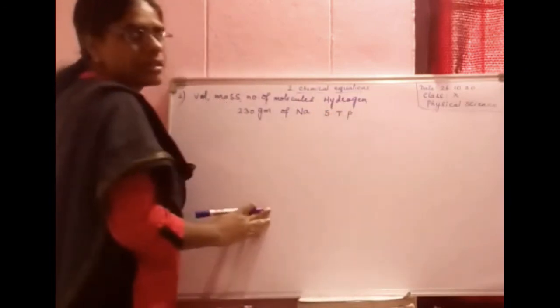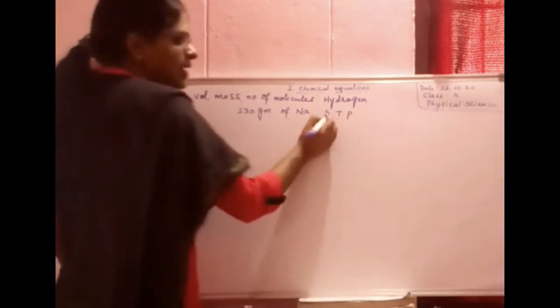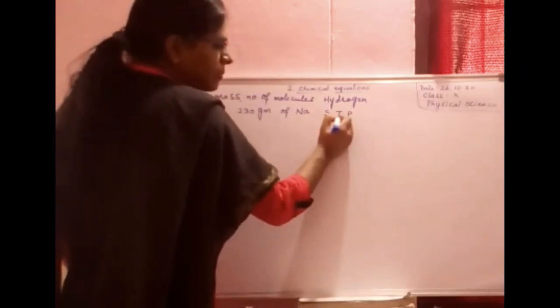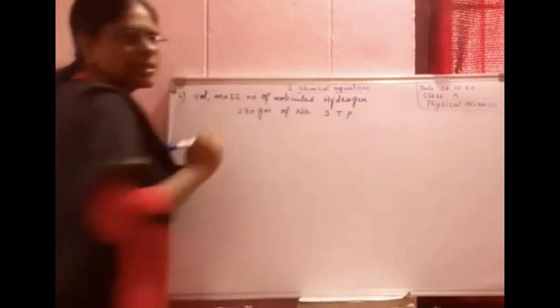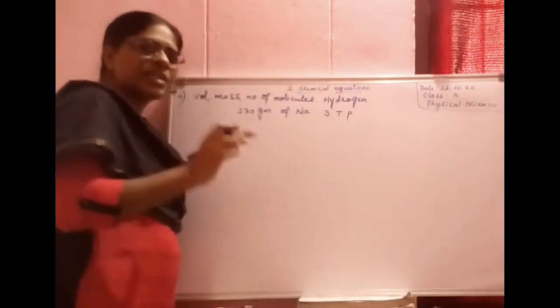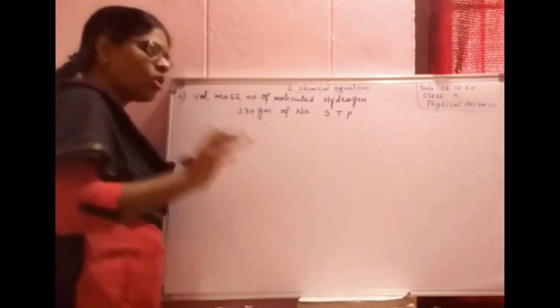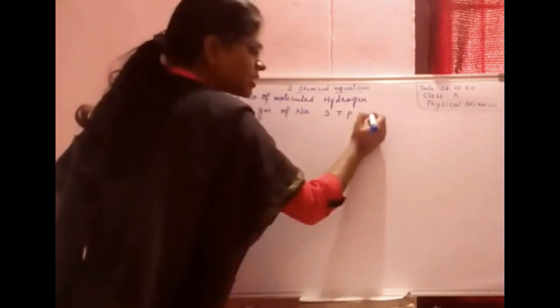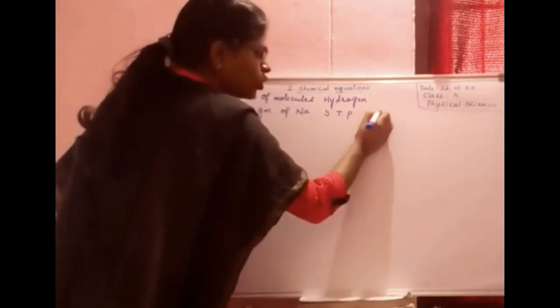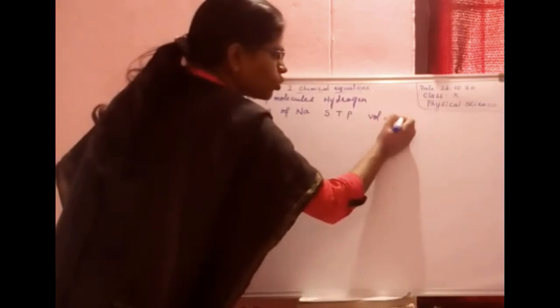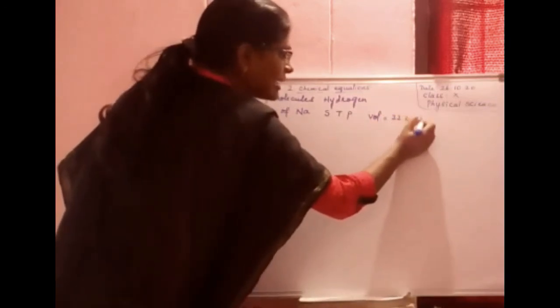Listen children, STP means standard temperature and pressure. Under STP conditions, you must always remember these values. Volume will be 22.4 liters.